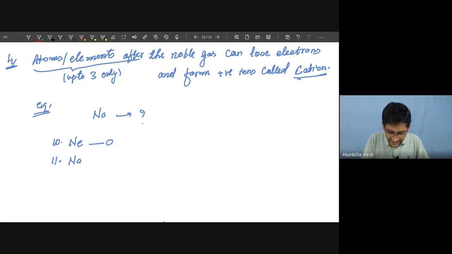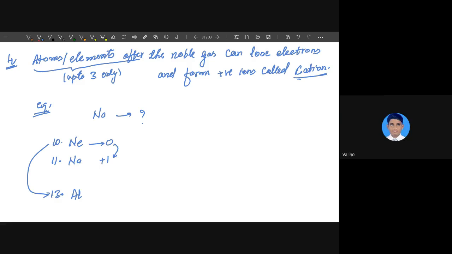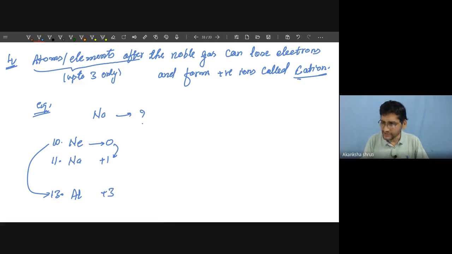Neon has 0 valency, so sodium is 1 after that, so it has +1 valency. Okay, if you are given aluminium, first allocate the serial number after neon, I mean, at what serial number? +1, +2, +3 is there. It is 13. That table is very important. So +3 it will show. Okay, it is like this. So this was another important point that we need to keep in mind.